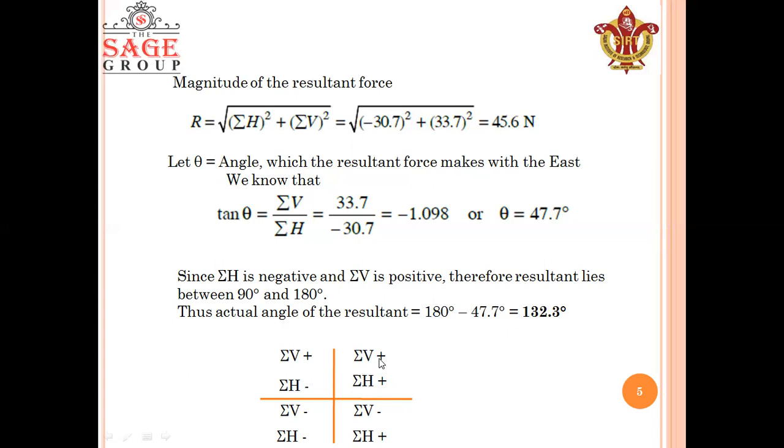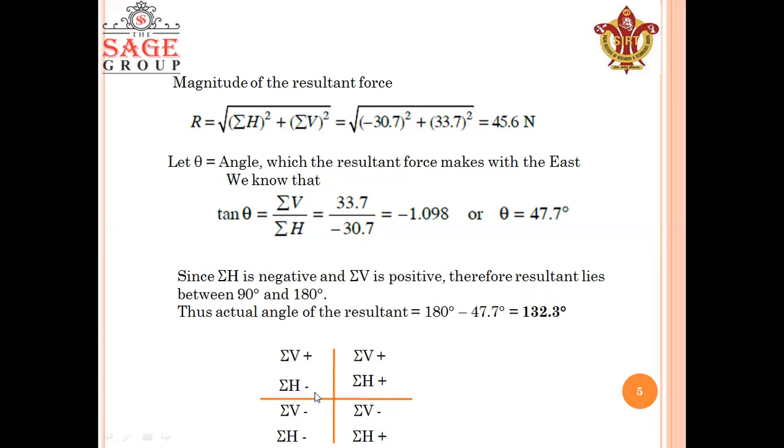That means the actual angle is 180 minus 47.7, which equals 132.3.